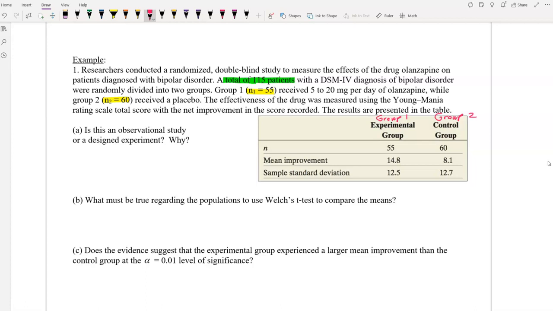This is a designed experiment because we have treatment. So this is a designed experiment, since the treatment was given.